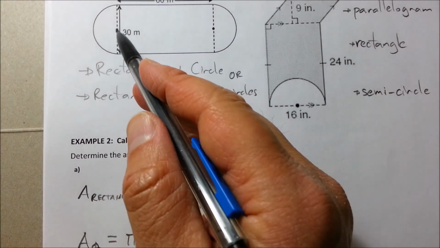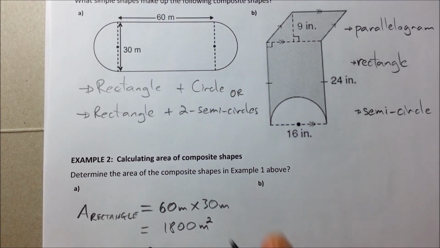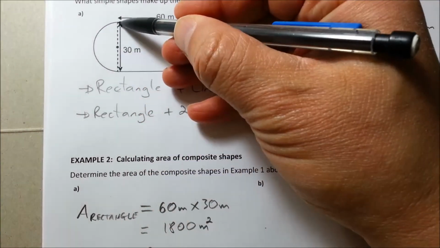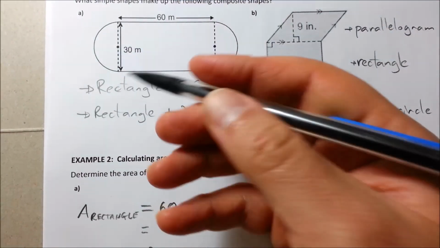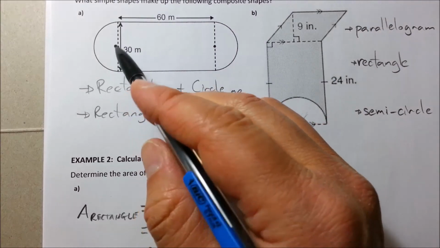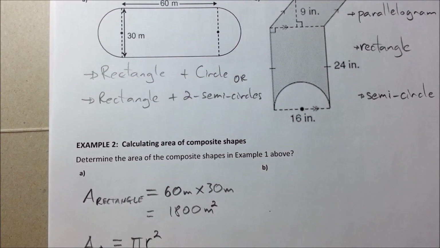The radius would be 15 meters, right? From here to here we have 30 meters, and when you have a circle, we call that a diameter. So the radius would be 15 meters.